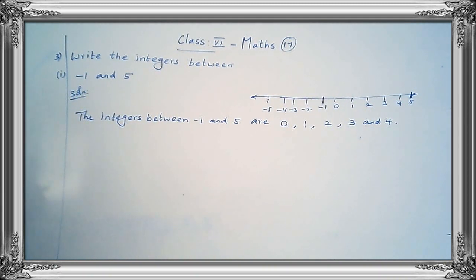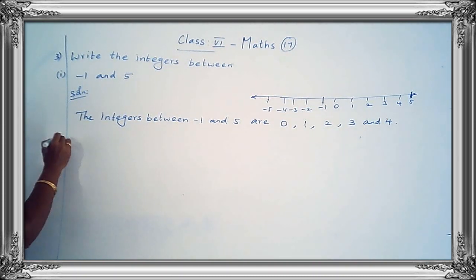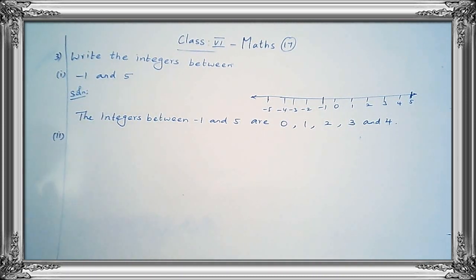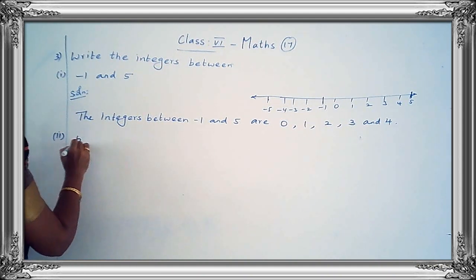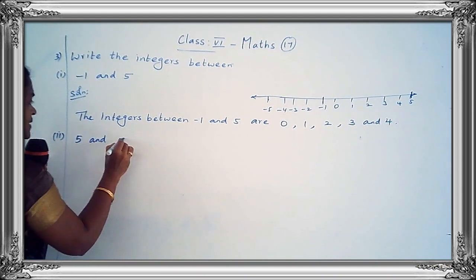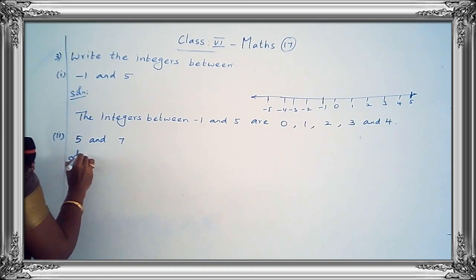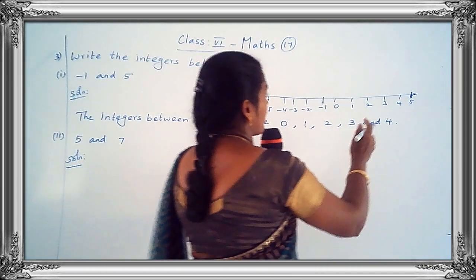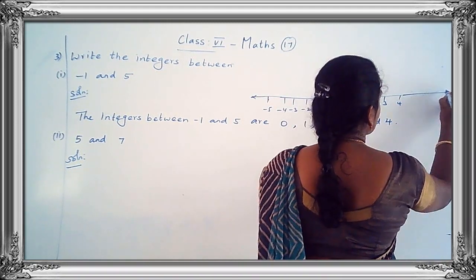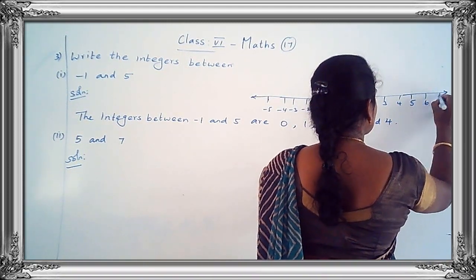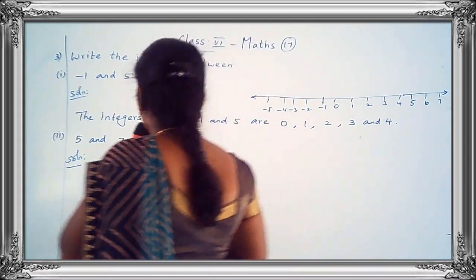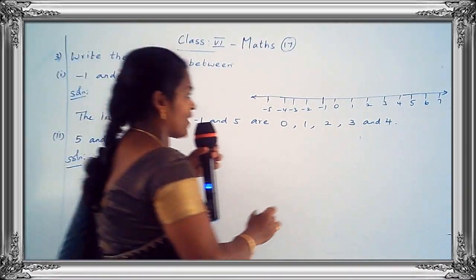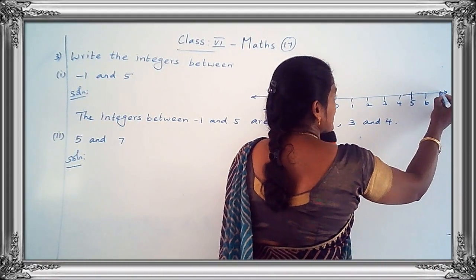Okay children, clear? Yes, now you come to the second question. Same type of question only, okay. 5 and 7. The integers between 5 and 7. So 5 and 7. So your integers 5 6 7, okay. Now you say the integers between 5 and 7. Where is 5? Here. Where is 7? Here.